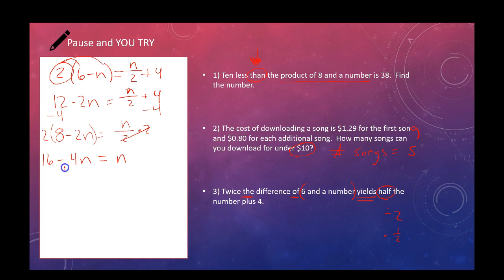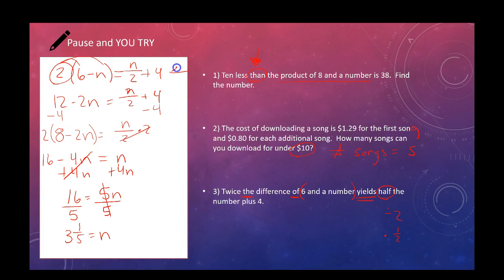Now I can combine these n's, and that's going to give me 16 equals 5n. Then divide by 5. That gives me 16 fifths, or 3 1/5 equals n.